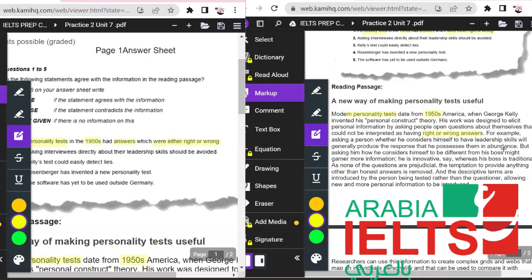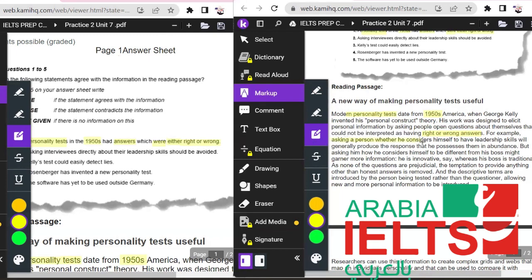The next one is also in here. It says asking interviewees directly about their leadership skills should be avoided. Asking a person whether he considers himself to have leadership skills will generally produce a response that he possesses them in abundance.